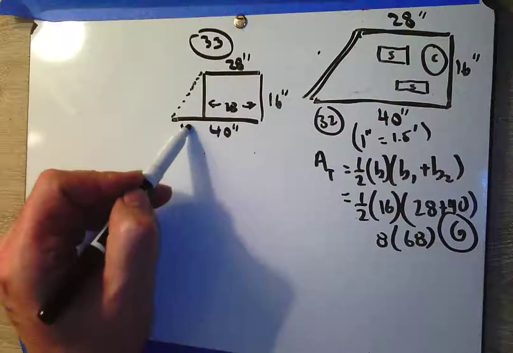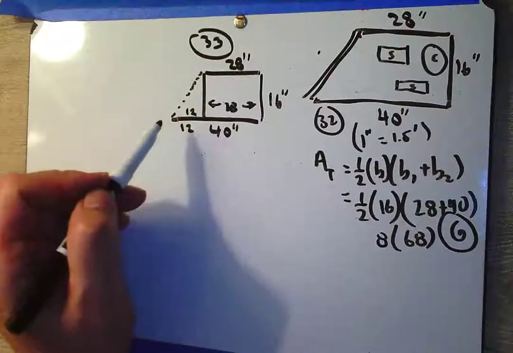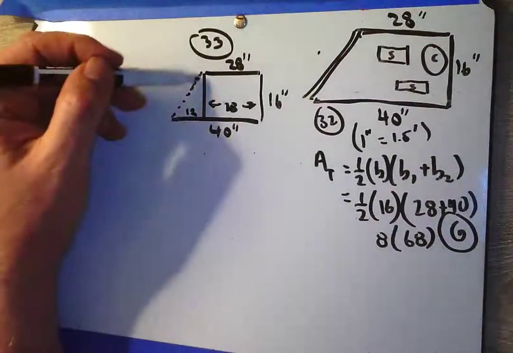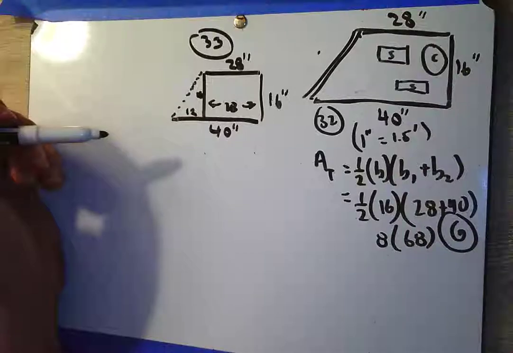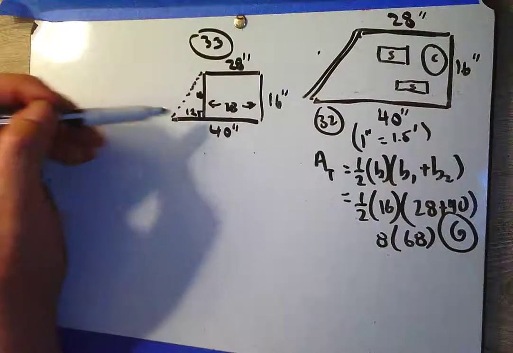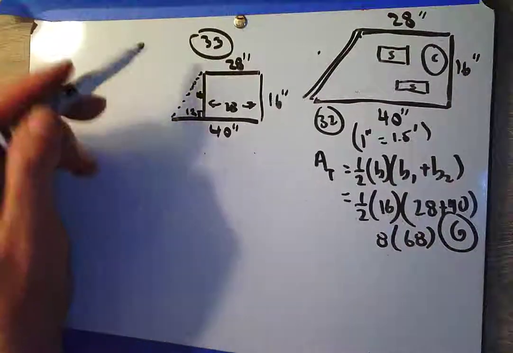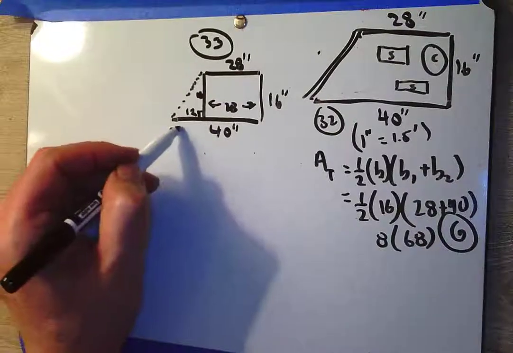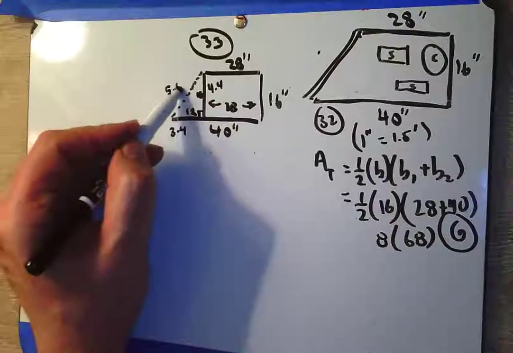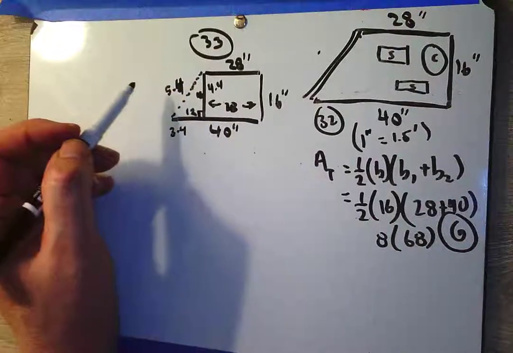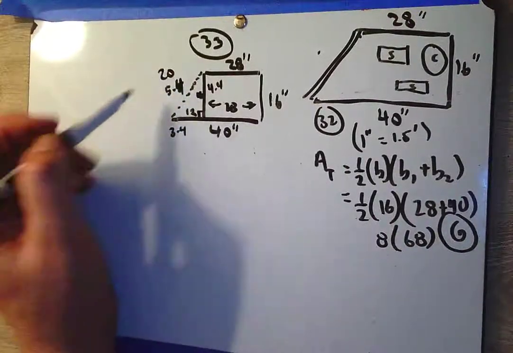So I've got 12 for this piece here. And I know that this length here is 16. And I can now use the Pythagorean theorem to find the missing side, or 3 times 4, 4 times 4, so this is going to be 5 times 4, because this is a 3, 4, 5 right triangle, or 20.